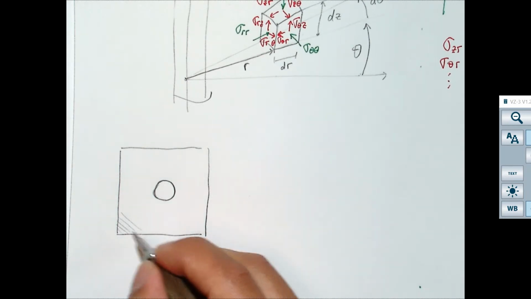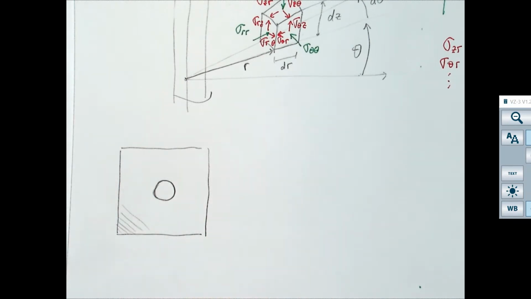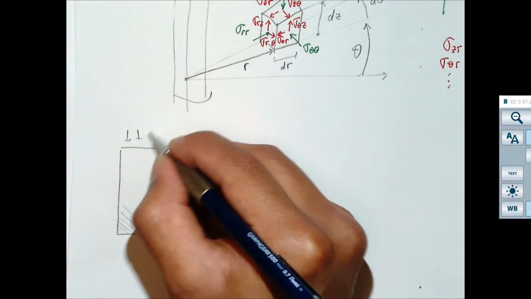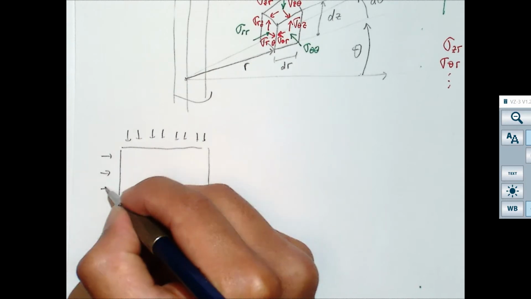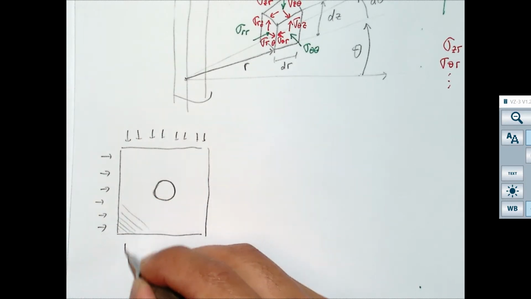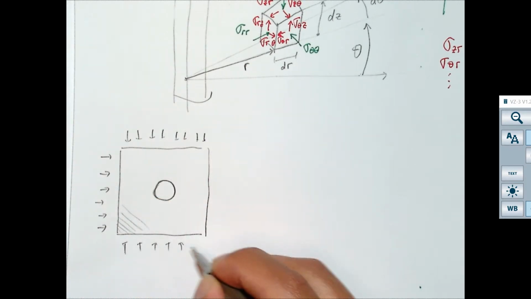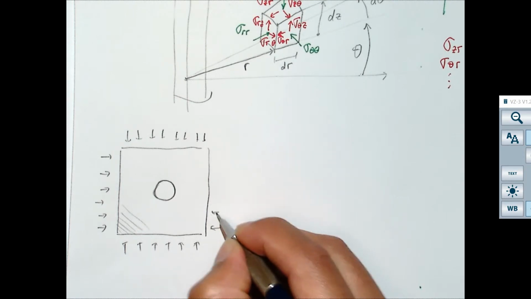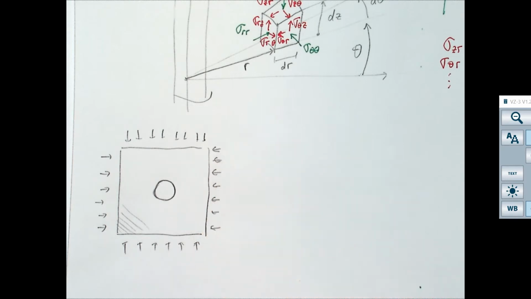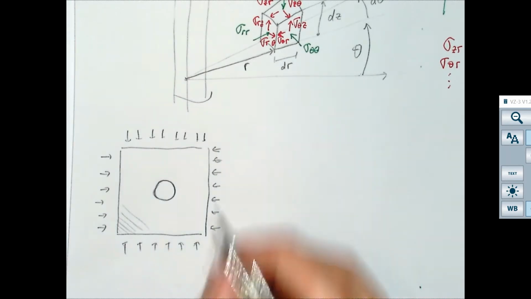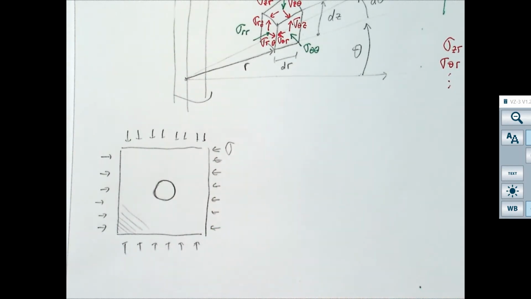But this is just a solid, and around the rock I have stresses in all directions which are the same. Because they are the same in all directions and directionality doesn't really matter, I'm going to call it an isotropic stress.